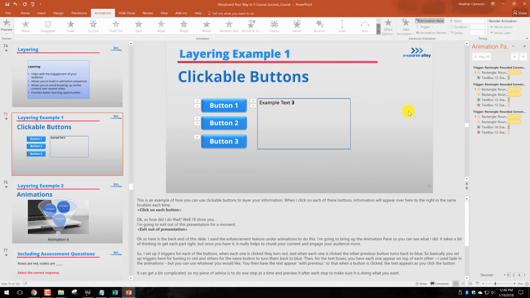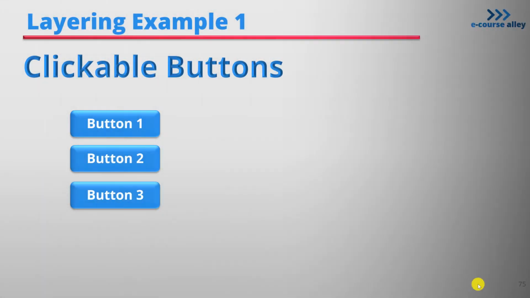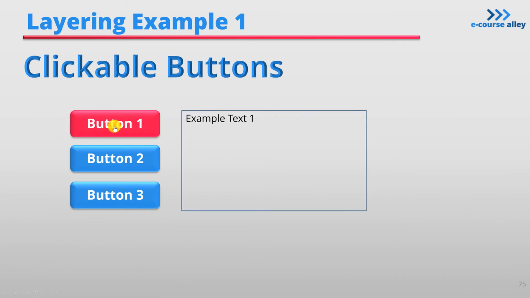So here's the breakdown. Let's go look at it again in the presentation mode. So when I click button 1, it turns red, and at the same time, example text 1 appears.